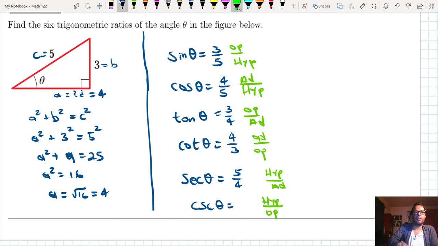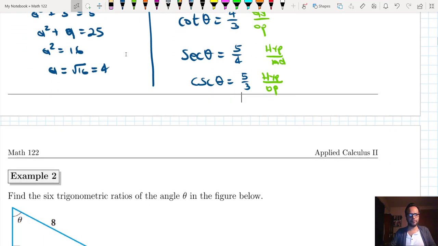Okay, so let's write that as a ratio, 5/3. All right, and this is one example to find the trigonometric ratios of a given right triangle and the lengths of its sides.